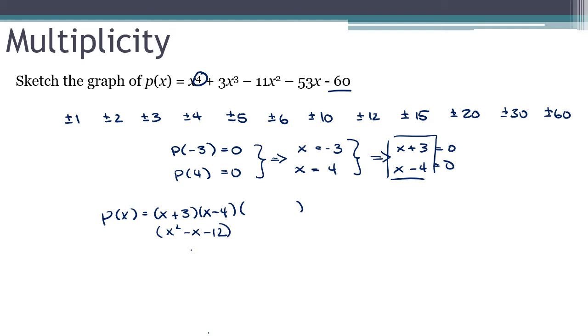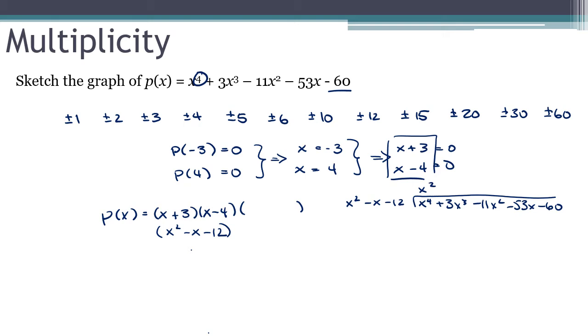Double check that. So I'm going to divide this x squared minus x minus 12 into the original polynomial, x to the 4th, minus 3x cubed, minus 11, minus 53, minus 60, and this should go evenly.